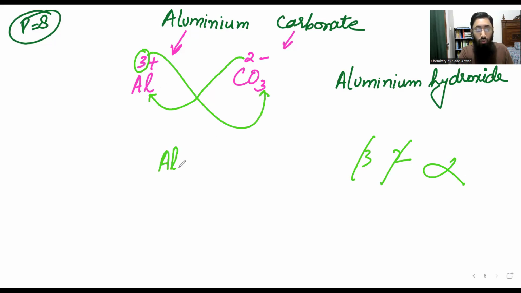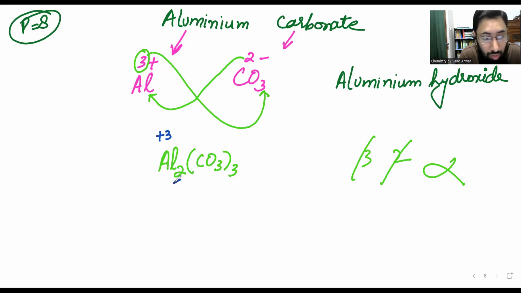Al, and here you have CO3. So use parentheses, enclose carbonate in parentheses. Now put 3 here. This is the formula of aluminium carbonate. And to check whether this is correct or wrong, we check whether it is neutral or not. Aluminium carries plus 3 charge.